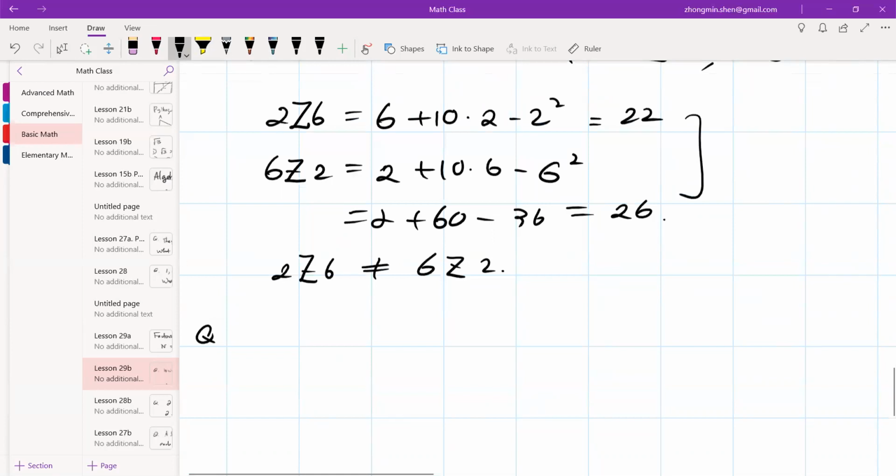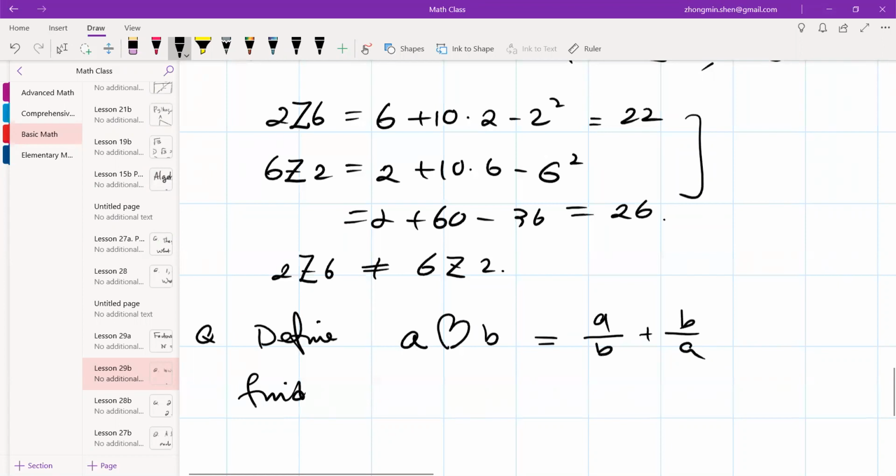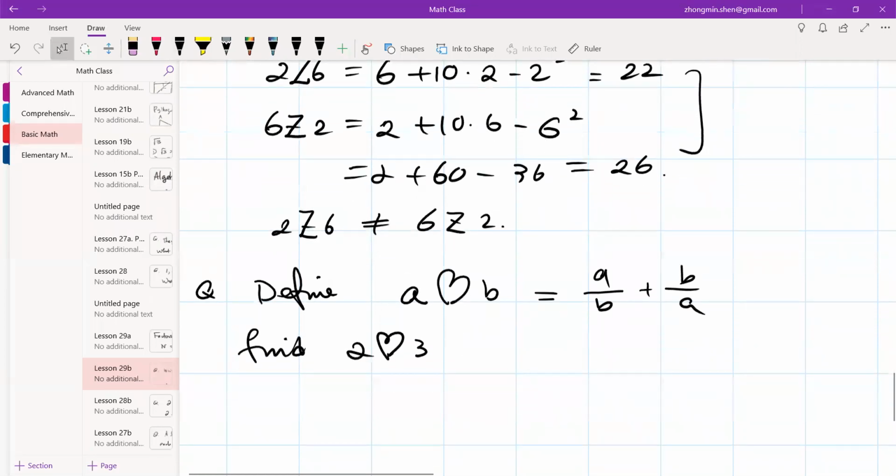We define A star B equals A over B plus B over A. Find 2 star 3.